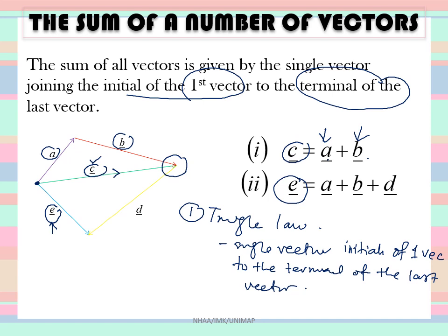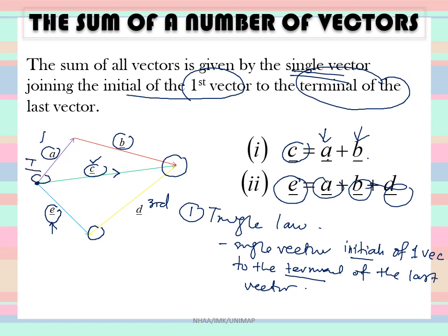It will always be like that, no matter how many vectors you sum. The resulting vector, the single vector, is always the one that joins the initial of the first to the terminal of the last. Since you have three vectors here, the first is vector A, and the last is the third one, which is D. So it follows A plus B plus D, and you mark this as the terminal of your last vector, and this is the initial.